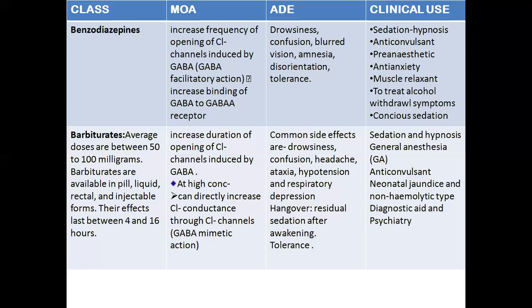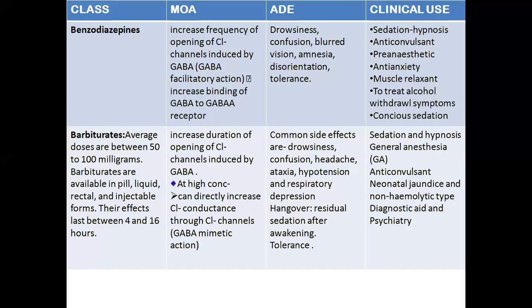So the CNS gets depressed. What are the adverse effects? The common side effects are drowsiness, confusion, headache, ataxia, hypotension, and respiratory depression. Sometimes hypersensitivity reactions like skin rashes, itching, and swelling of the face may occur.